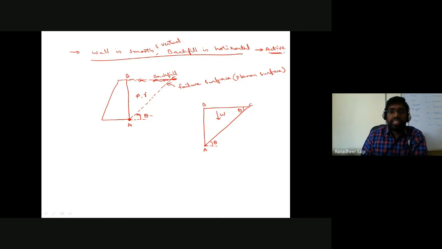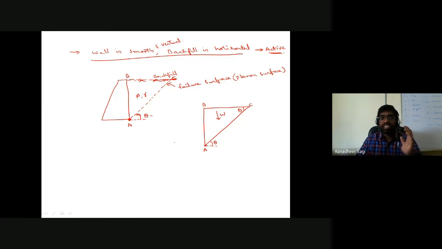When I say active state, the retaining wall will be moving away from the soil. When the retaining wall is moving away from the soil, what do you see in this soil wedge ABC? If the wedge tries to slide at the verge of failure, in which direction would it slide?